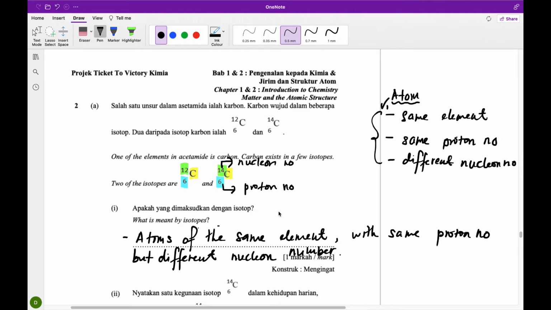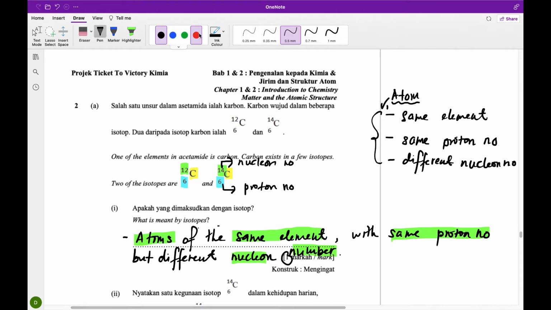So all the required key points are there. Atoms of the same element with same proton number but different nucleon number. With this we can get the 1 mark given.